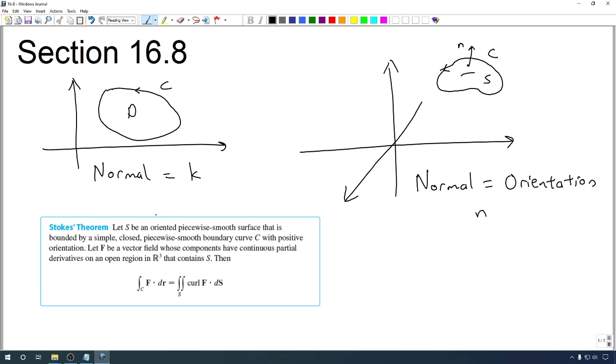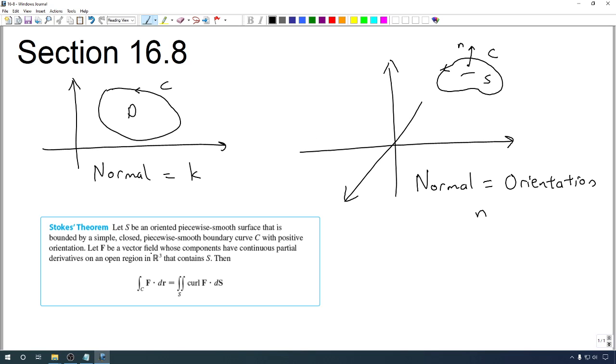So for Stokes' theorem, we have S being an oriented piecewise smooth surface that is bounded by a simple closed piecewise smooth curve C, and it has positive orientation with regards to the normal, the orientation that we've chosen for the surface.